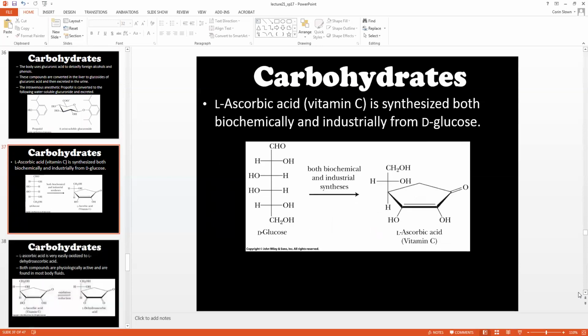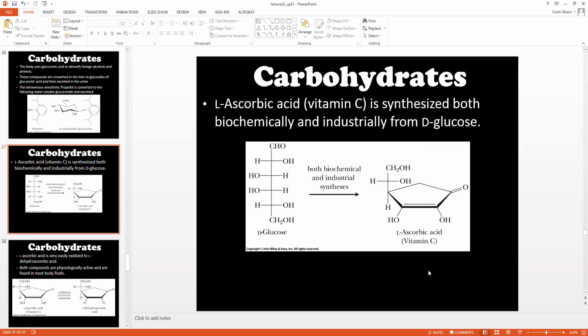L-ascorbic acid, or vitamin C, is synthesized both biochemically as well as industrially from D-glucose. Notice the formation of L-ascorbic acid, or vitamin C, requires several iterations.